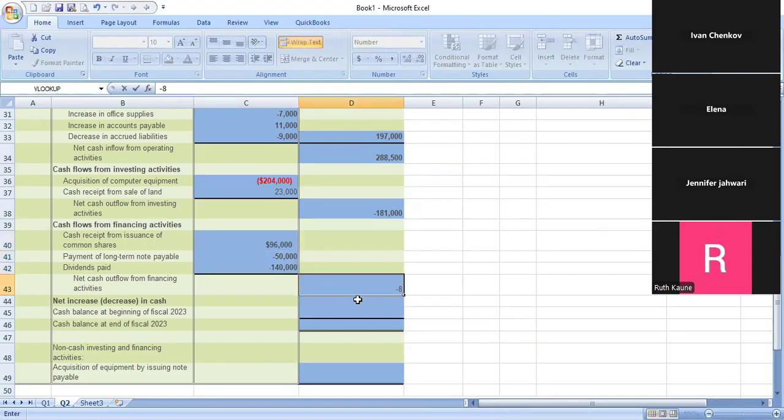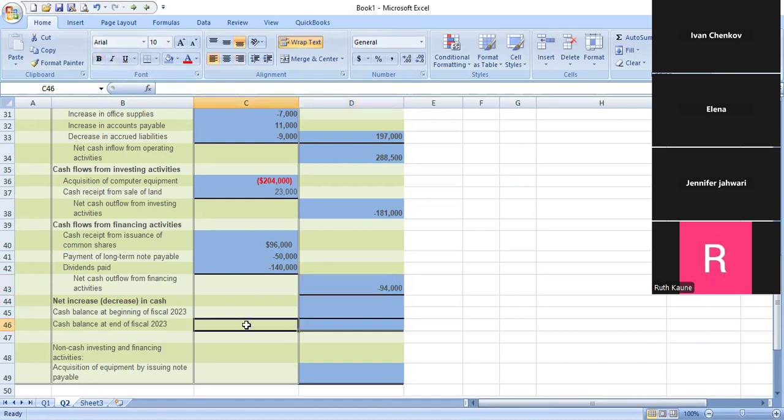So 94, 1, 2, 3. It's the net cash outflow. The other thing that I want you to pay attention to is the terminology. If it says outflow and you have a positive amount here, it doesn't make sense. If the format in the question already says outflow, and you end up with a positive amount, it doesn't make sense.